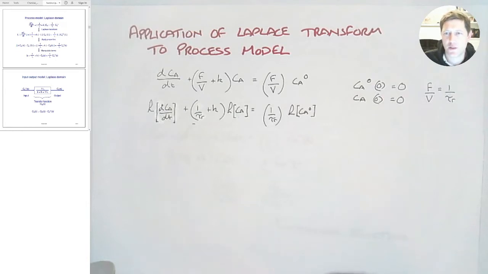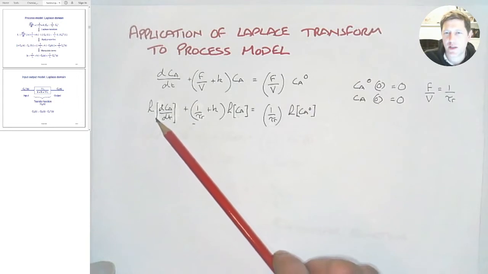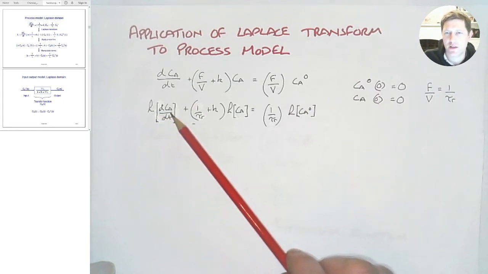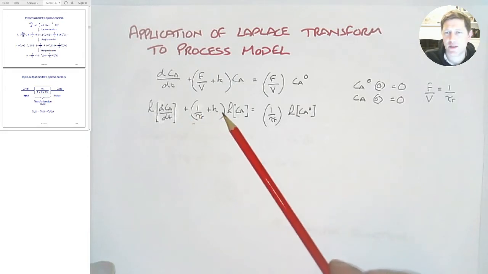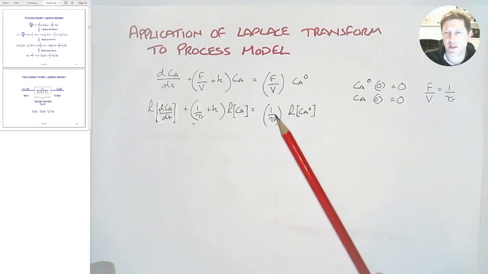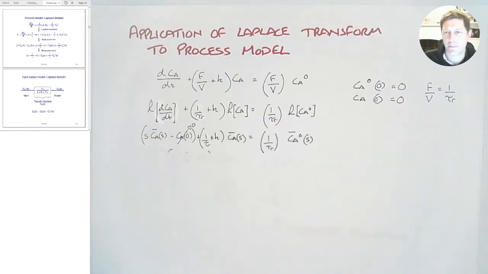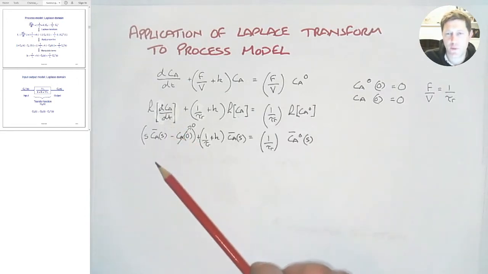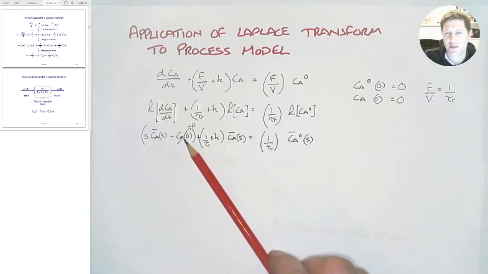We want to solve it using the Laplace transform approach, so we take Laplace transform of both sides, and we can take advantage of its properties where we can separate out the addition terms. So we take the Laplace transform of the differential, take out the constants, Laplace transform of Ca, take out the constant, Laplace transform of Ca0. Laplace transform for a differential, remember that, it's S times Cas minus the initial condition Ca0.